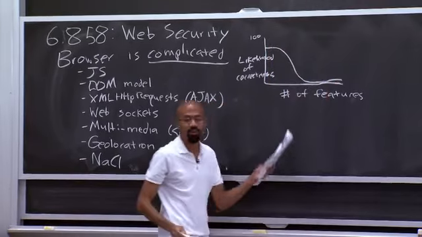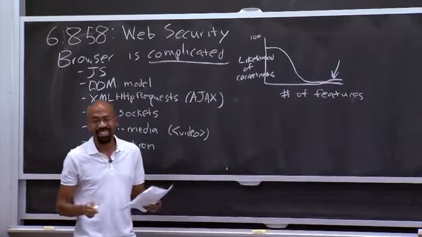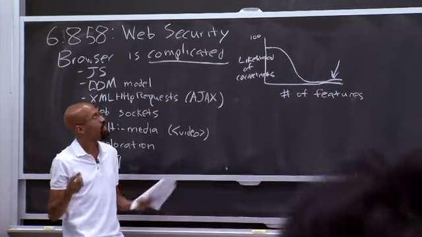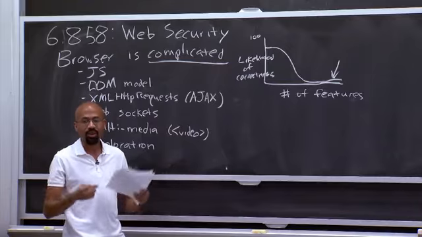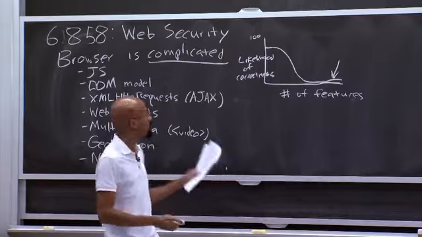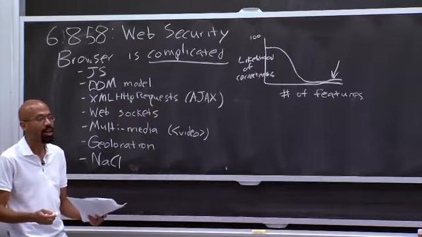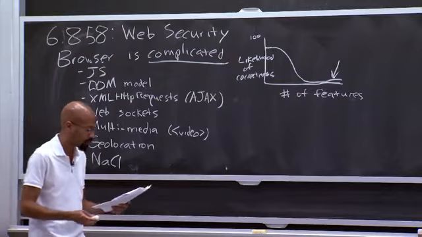And so essentially that curve looks something like this, and web browsers are right over here. Right? And so as we'll discuss today, there's all kinds of wacky security bugs that are arising constantly, and as soon as the old ones are fixed, new ones are arising because people keep adding these new features, right? Oftentimes without thinking about what the security implications of those features are.